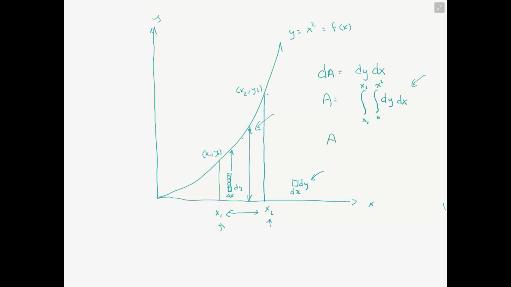And so, when we carry out this problem, it's already solved here.